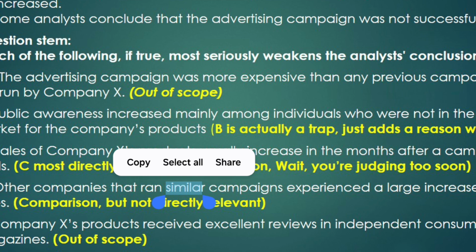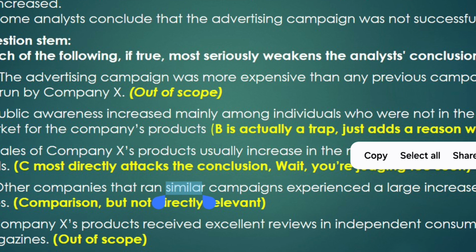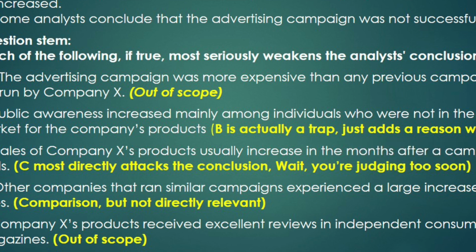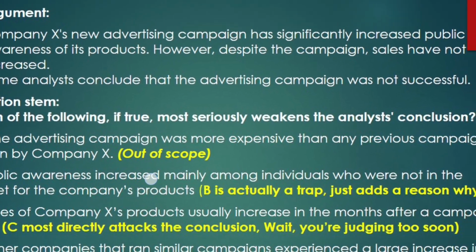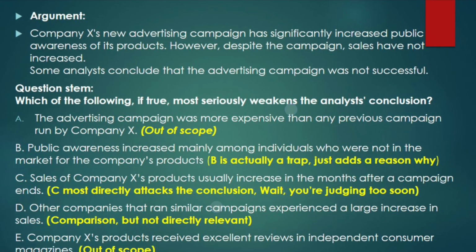Now see option B. Public awareness increased mainly among individuals who were not in the market for the company's products. Okay, B is actually a trap. Why do I say that? Because it just adds a reason to the analyst's conclusion, or it is substantiating it.